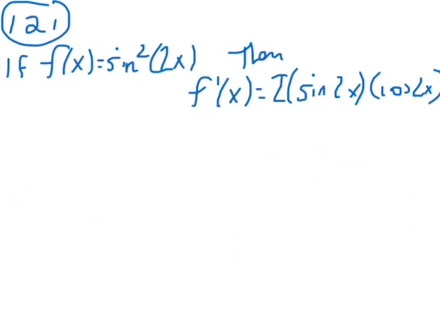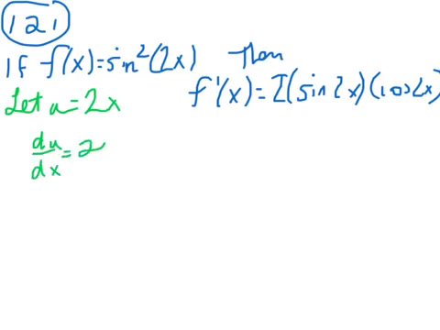This is another true or false question, and we're just trying to see did they take the derivative correctly. So let's start with our function. Let's let u be 2x. Okay, so du dx is just going to be 2. So what I really have here, I'm just going to write y. I'm going to rewrite the function. That's sine u squared, right?